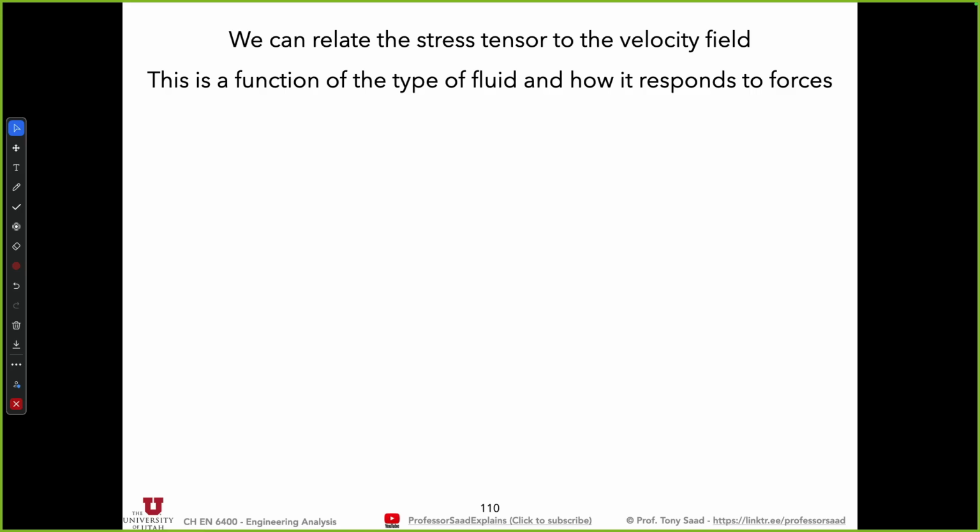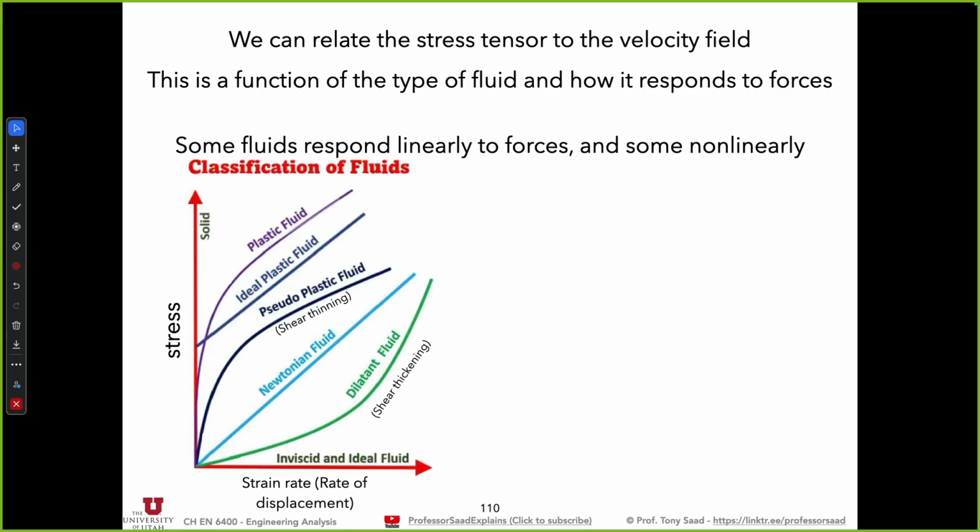So there are actually 9 directions of strain, just the same way there are 9 components of stress. And in general, we describe this as a stress-strain plot. Here I have stress on the y-axis, and on the x-axis, I have strain rate or rate of displacement.